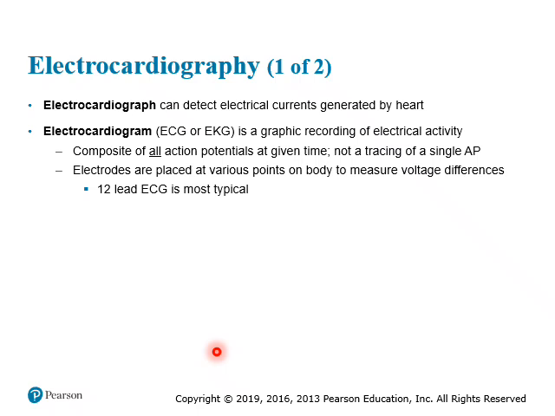An electrocardiogram, or EKG, is a graphic recording of the electrical activity, and it is a composite of all the action potentials at a given time. It is not a tracing of a single action potential. The electrodes are placed at various points on the body and they measure voltage differences.